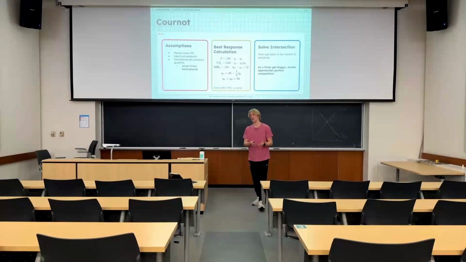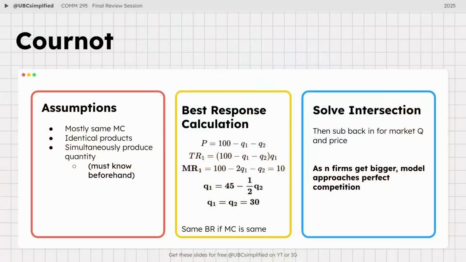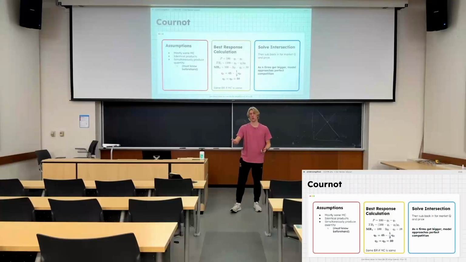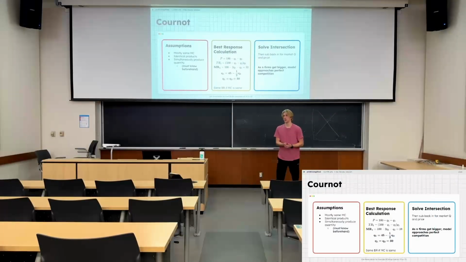Then you put that back into your price equation, figure out what the price of the market would be, and now you've solved the Cournot equilibrium. So keep in mind, you want to set it up where you have your big Q broken down into the two smaller Qs, multiply by one of the firms to get their revenue, differentiate that to get their marginal revenue, and then set it equal to marginal cost, and solve that intersection.